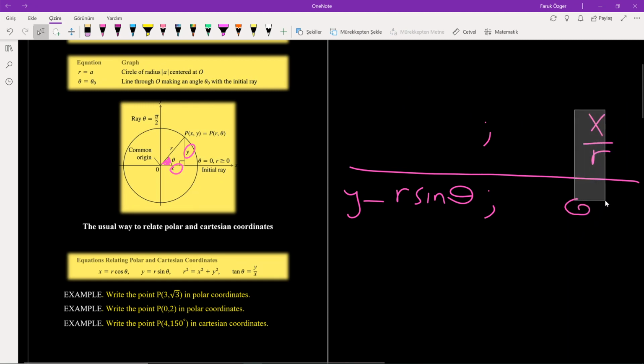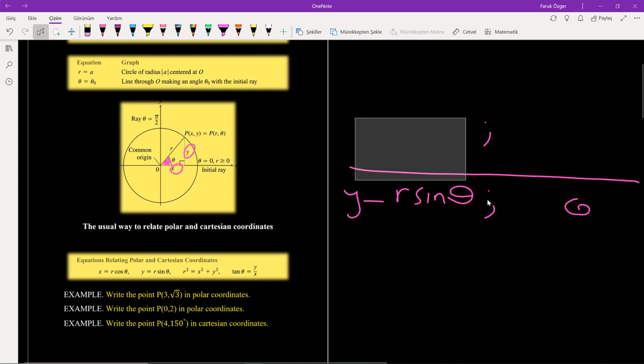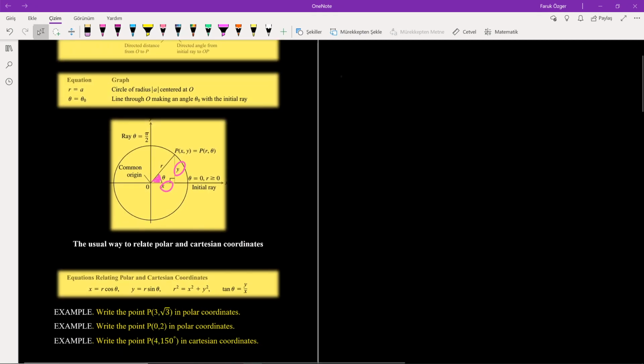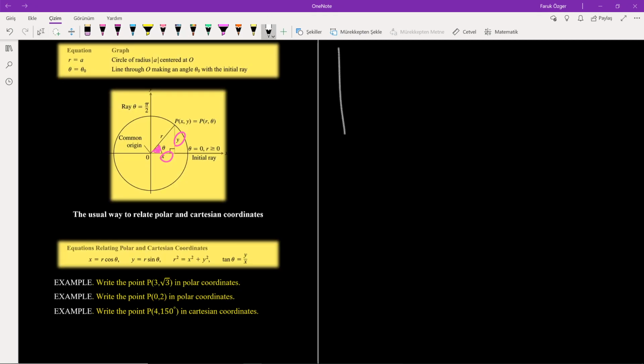Now let's try to convert a point from rectangular coordinates to polar coordinates and vice versa. So question 1: write the point P (3, square root 3) in polar coordinates. This point is given in the xy axis. Let me draw a simple xy axis here. Okay, this is the xy axis, or rectangular axis, or Cartesian coordinates.